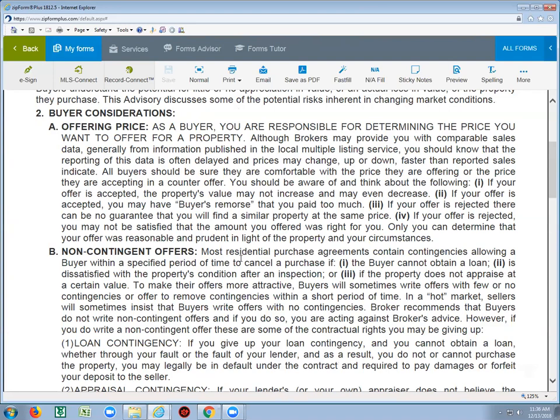Because every time we submit an offer, we bet on our reputation. You know that? And every time I get a lower offer, I have to apologize to the listing agent before I submit it. I say, this is my buyer's decision. I try to push as high as I can, but please don't get upset. And if you could tell the sellers to give a counter. If not, please give us a rejection. I understand.